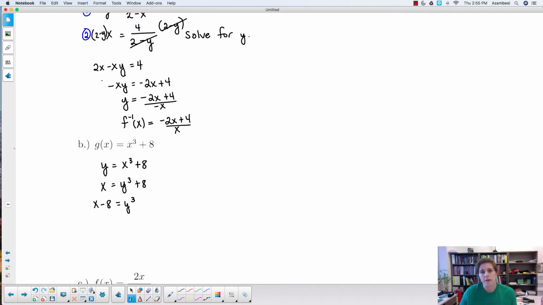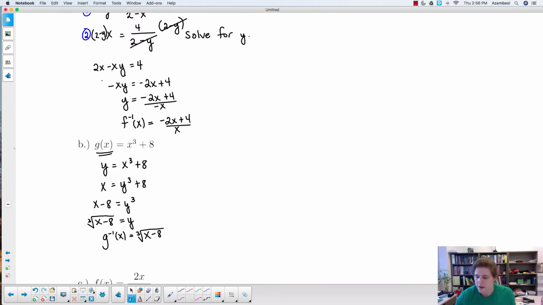And then in order to solve for y, I need to do the opposite of the cube. So I'm taking the cube root, and I get the cube root of x minus 8, and it's equal to y. Now this time I started with g, so this would be g inverse of x equal to the cube root of x minus 8.